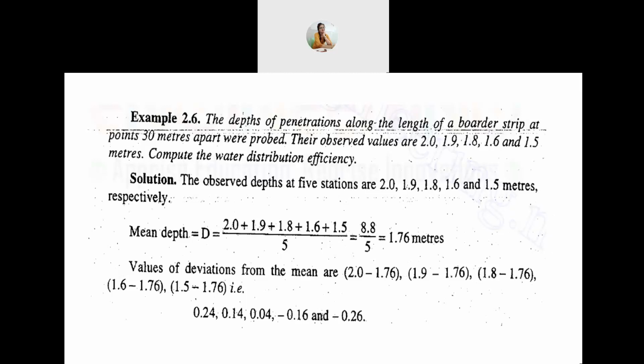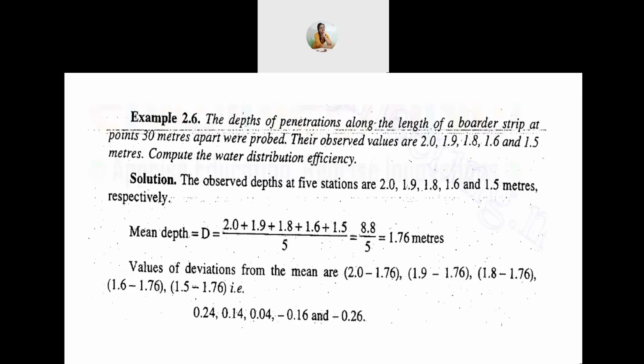The solution: the observed depths at 5 stations, which are already given, are 2.0, 1.9, 1.8, 1.6 and 1.5 meters respectively. We have to find the mean depth first. Mean depth, that is capital D, is equal to 2.0 plus 1.9 plus 1.8 plus 1.6 plus 1.5 divided by 5. So the answer comes out to be 1.76 meters.